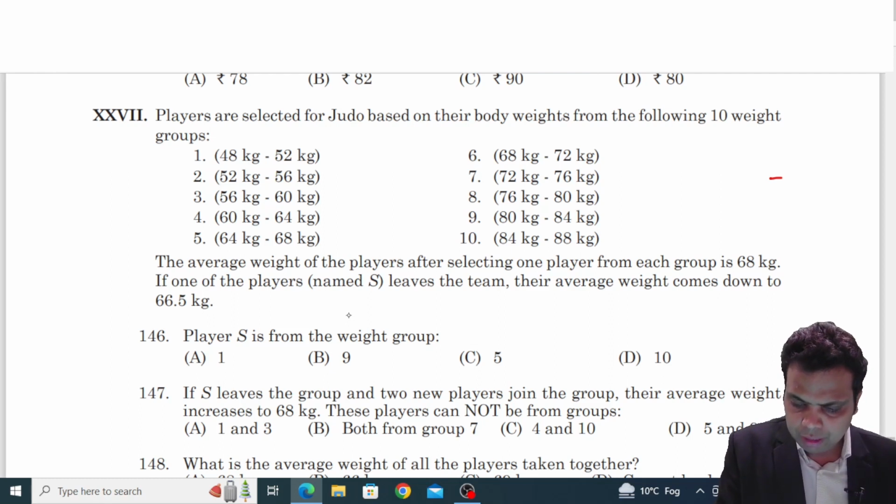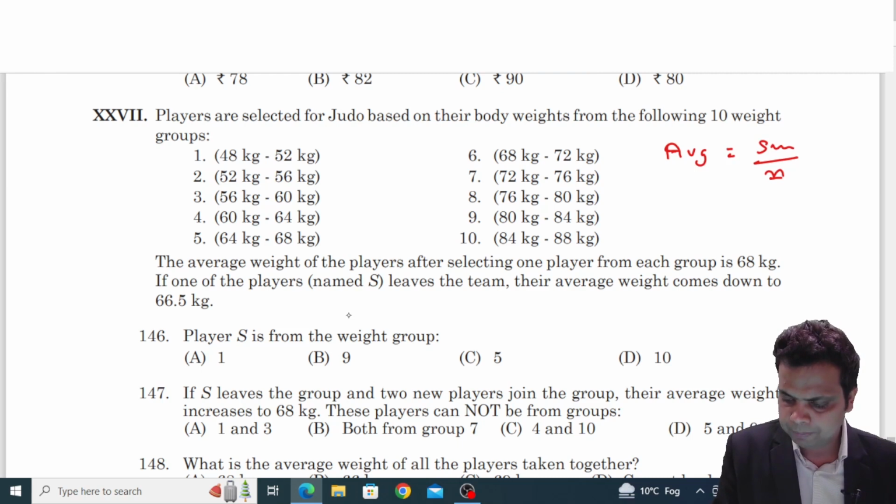Obviously one player from each group, and the groups are 10, right? The average is equal to sum upon n, the number of items. The average is 68, so the sum of 10 will be 68 into 10, that is 680.